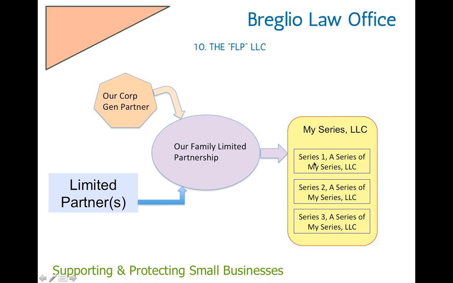As long as we use an LLC to actually hold the properties, and the family limited partnership owns 100% of the LLC, the LLC is a single member LLC, which is fine because it won't do a tax return as a single member LLC. It gets the corporate veil protection to protect the family limited partnership. And then the family limited partnership provides the charging order protection from the personal liability of everybody else.